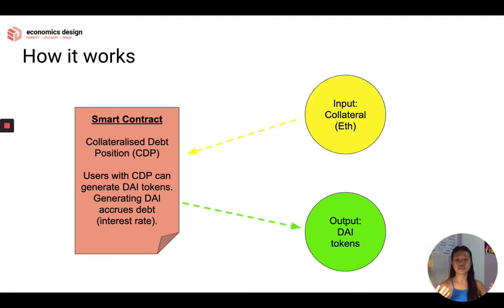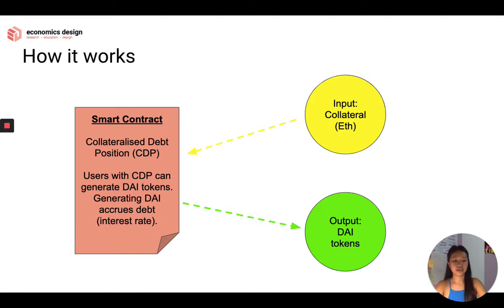This debt is basically an interest rate, because you give the smart contract your ETH, and then you can take some DAI tokens out. It's not a one-to-one leverage. It's like not 100% leverage. As in, if I put $1 worth of ETH in there, I can't take out $1 worth of DAI, which is one DAI.